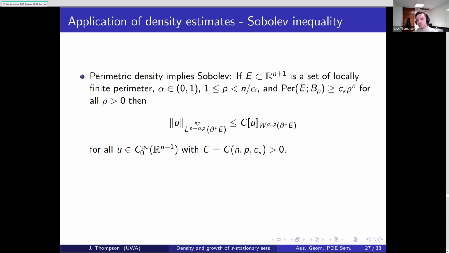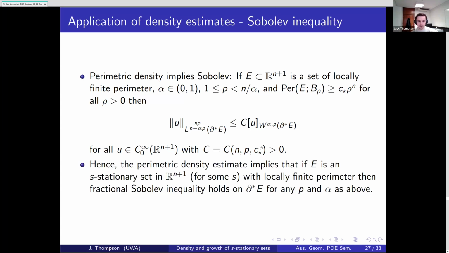And I also knew, because this is known in the literature, that if you know a parametric density estimate of this form, then you obtain the fractional Sobolev inequality on a hypersurface without the error term. This was an argument due to Brezis, and it was written neatly by Cabré and Cozzi. But essentially, this lower bound on the perimeter gives you for free the Sobolev inequality without the S mean curvature term.